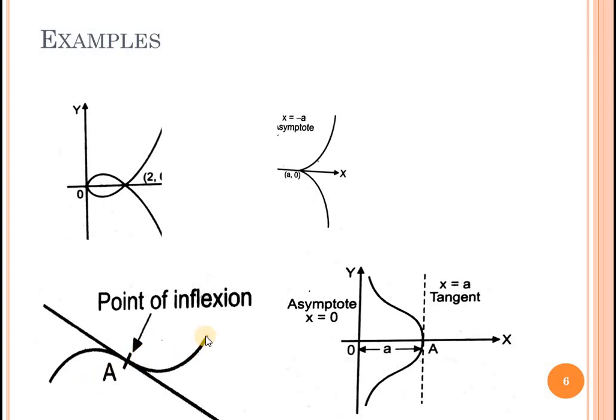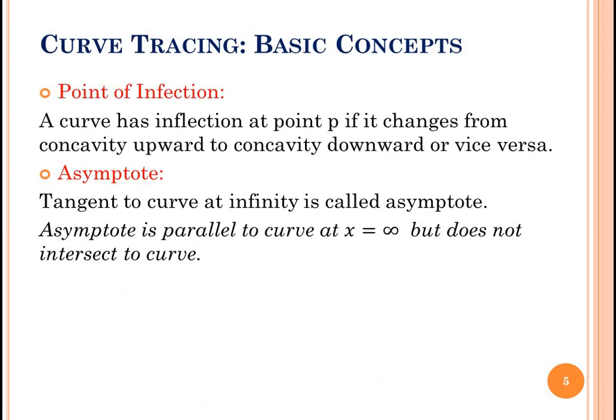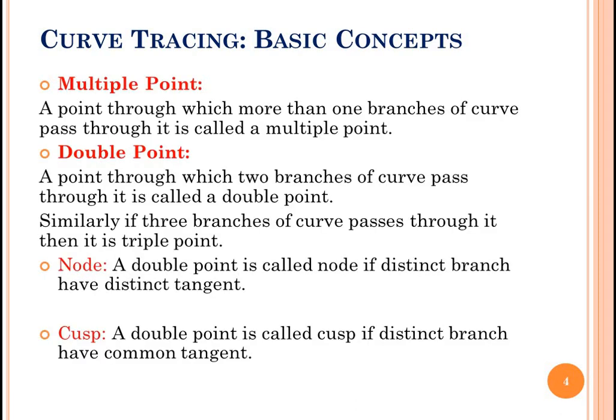Okay. And the next concept we see is asymptote. An asymptote is the tangent line to the curve at infinity. Here, when the curve extends to infinity, the curve tends like this, and this line is the tangent. So this line is an asymptote to the curve.